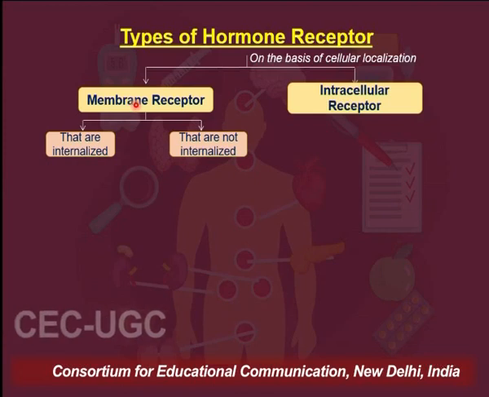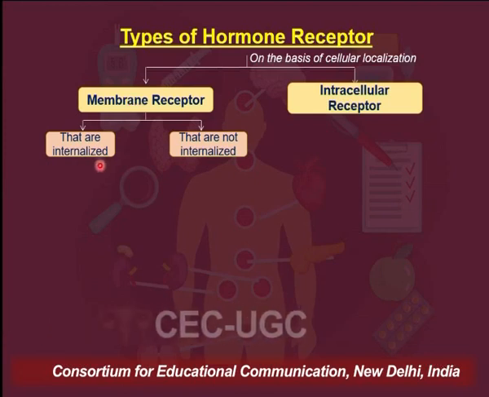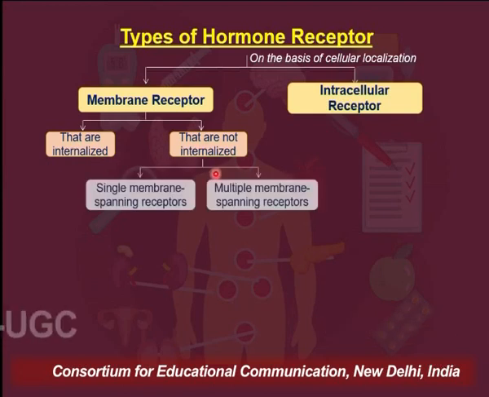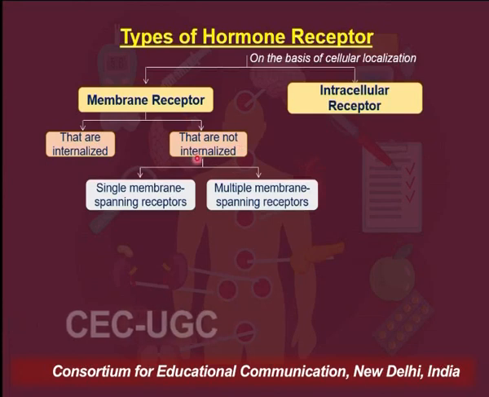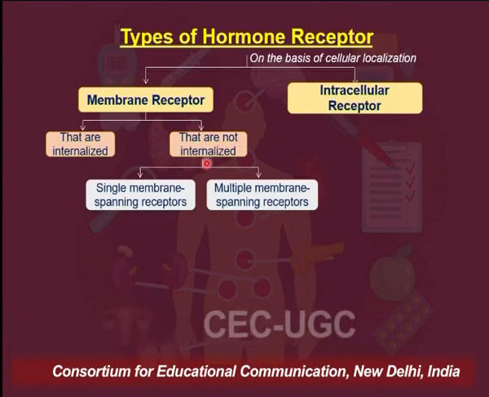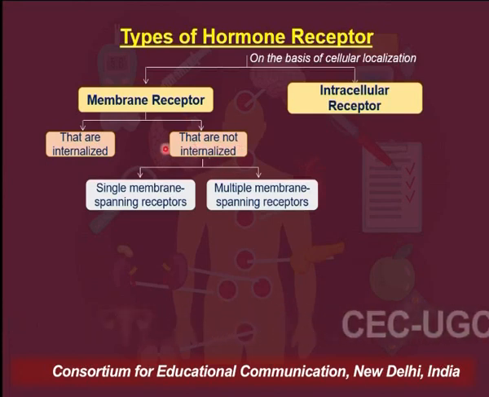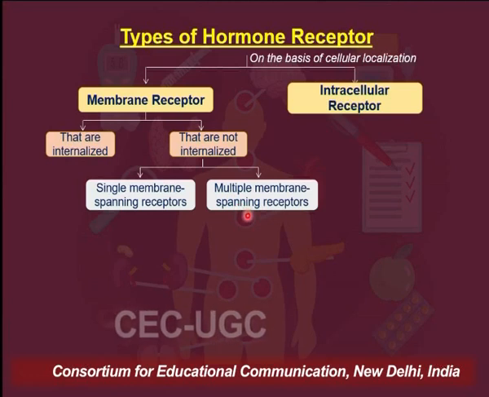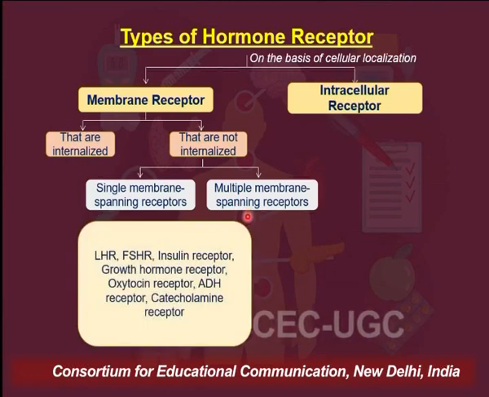There are some of the membrane receptors which get internalized into the cell, but some of the receptors might not get internalized. These types of membrane receptors which are not getting internalized could in turn be of two types: single membrane spanning receptors or multi-membrane spanning receptors.